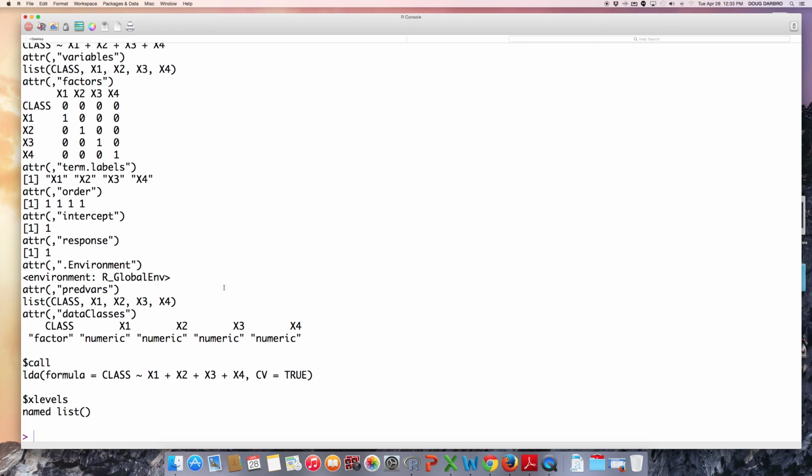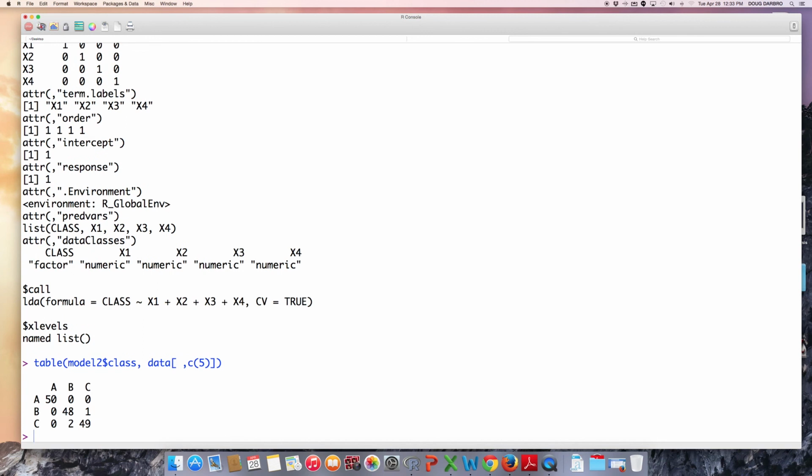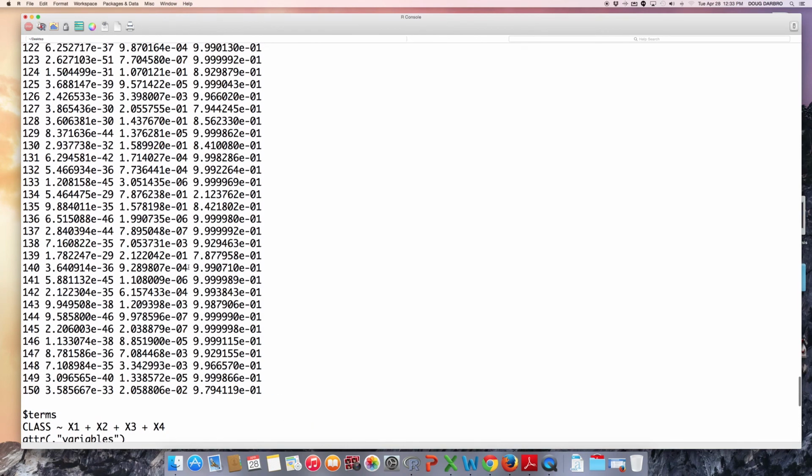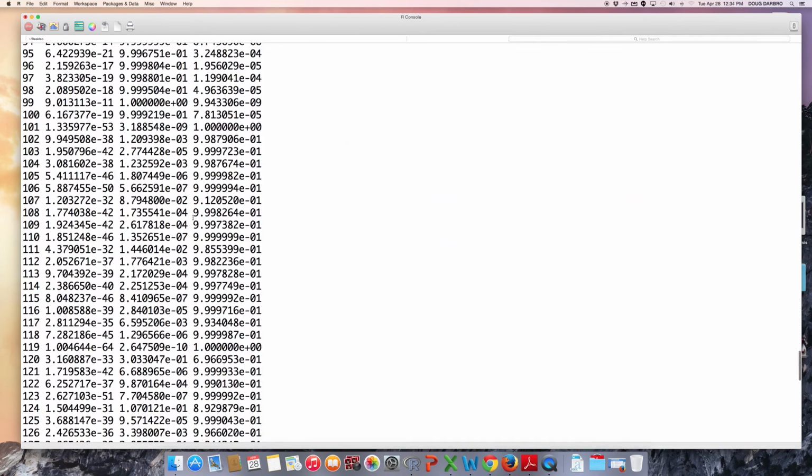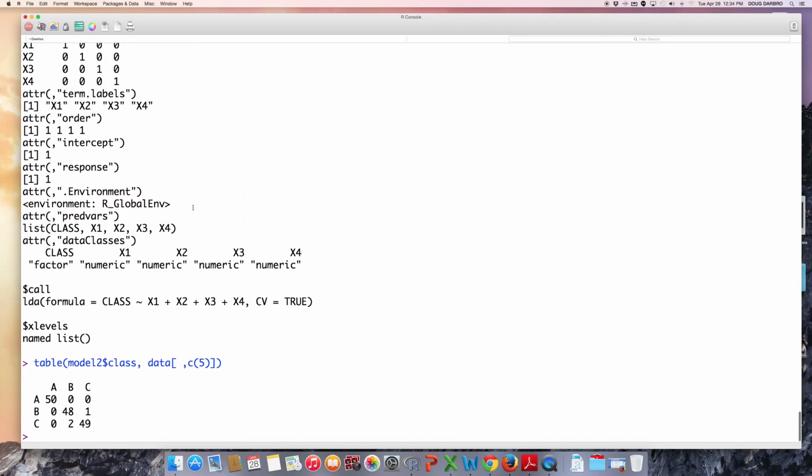Now, what I should be able to do from here is just table model 2 and do class and just look at my data on the fifth. Okay. Now, what should have happened? I don't think it changed, did it? 48.2 and 49.1. Well, that's really strange, because usually that will change. I'll tell you what. Let me just make sure that I've got this right.